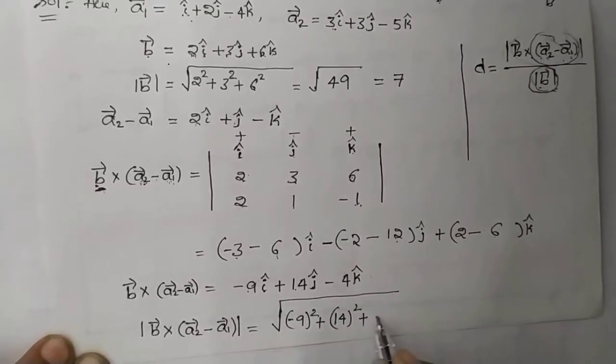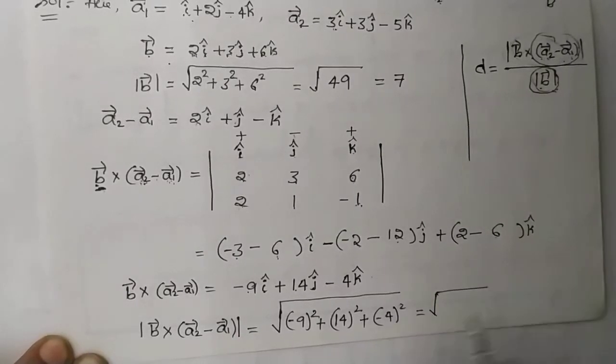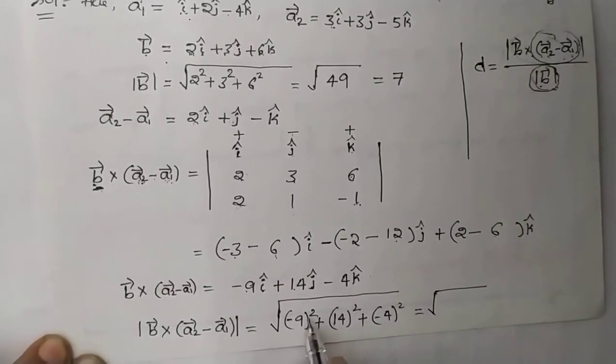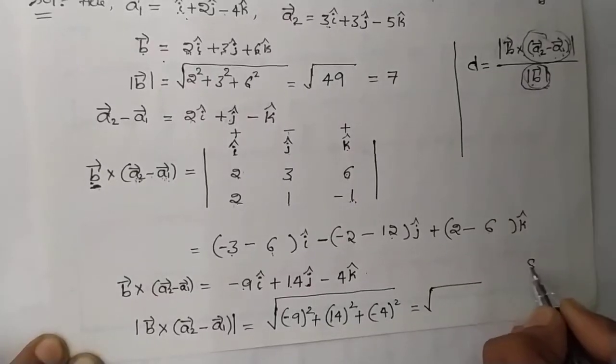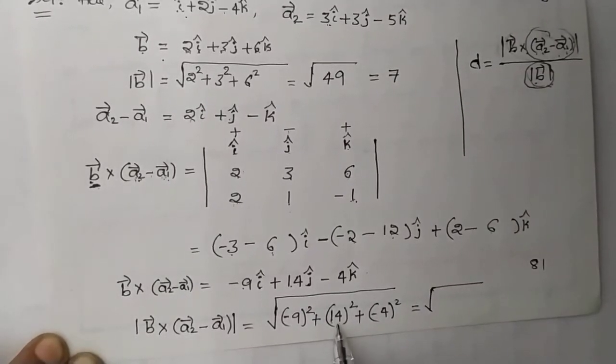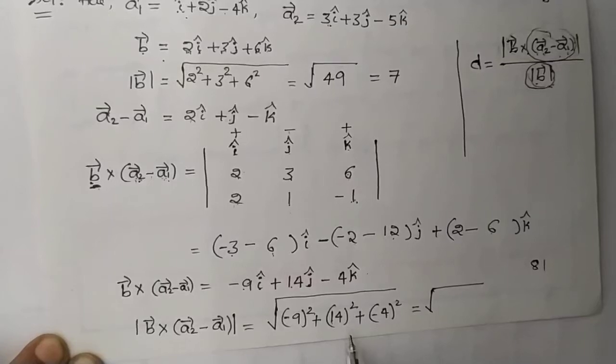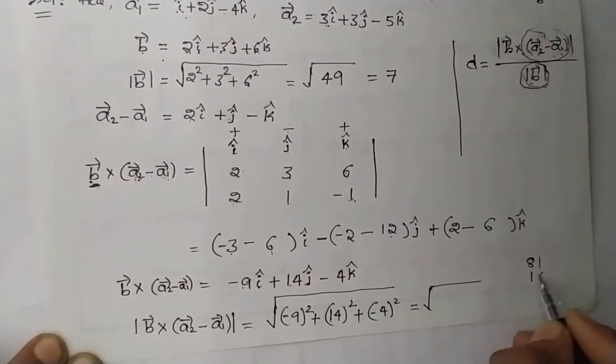k component square, that is minus 4 whole square, equals square root of minus 9 whole square is 81, plus 14 whole square and minus 4 whole square. Minus 4 whole square is 16.